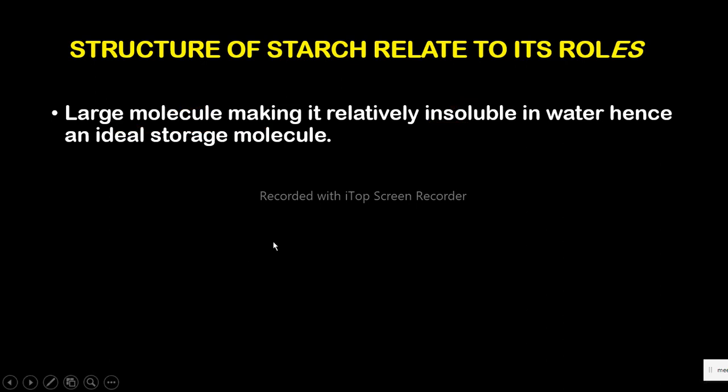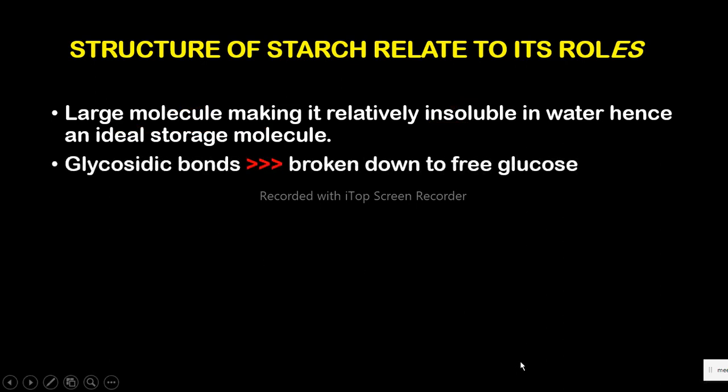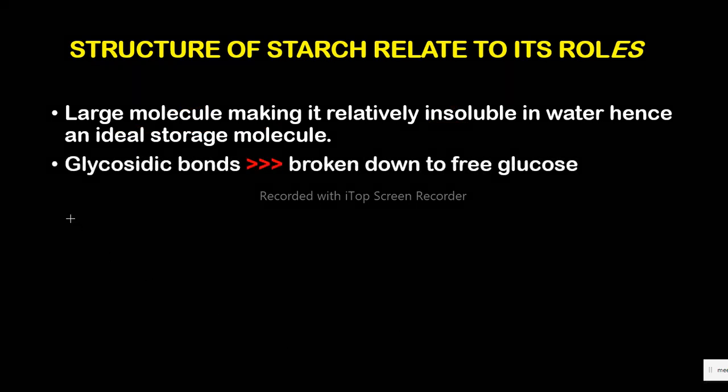Number two, our starch is linked by weak, I can say weak, and not that weak, alpha 1,4 glycosidic bonds. They are strong enough to hold the glucose molecules together, but weak enough to be easily broken down, to be easily hydrolyzed, to produce glucose whenever it's needed.